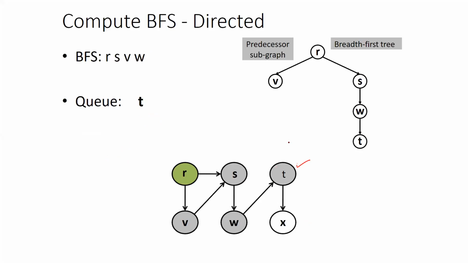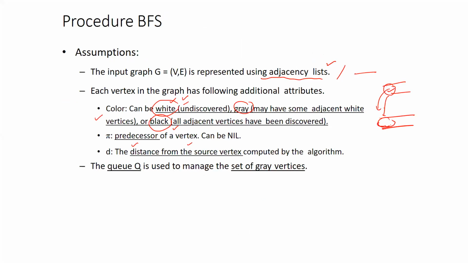So we say predecessor of T is W. So predecessor is there for every vertex, and for the source vertex from where you are starting, the predecessor will always be nil, because it is a starting vertex and no vertex was responsible for it.